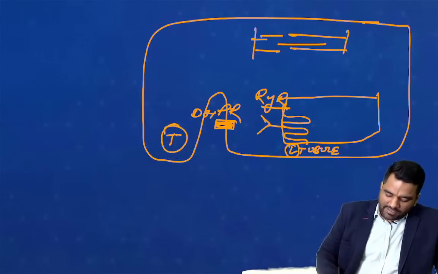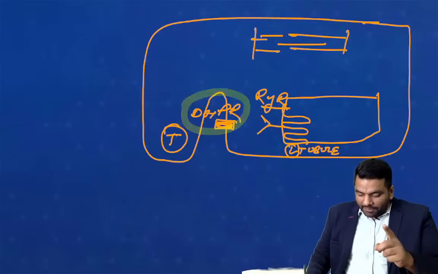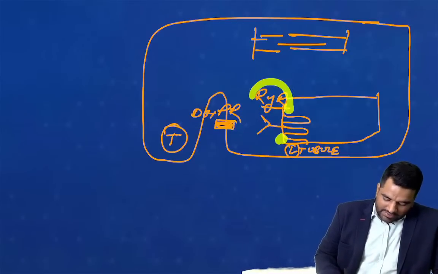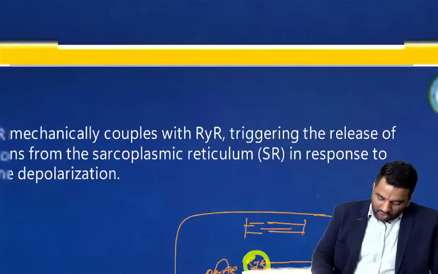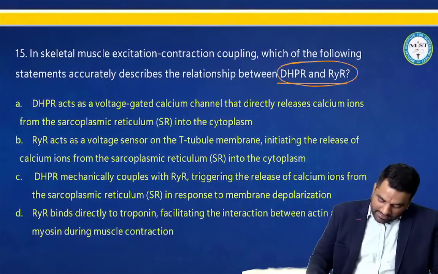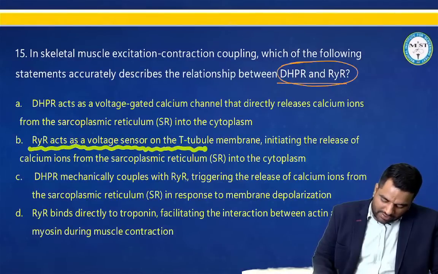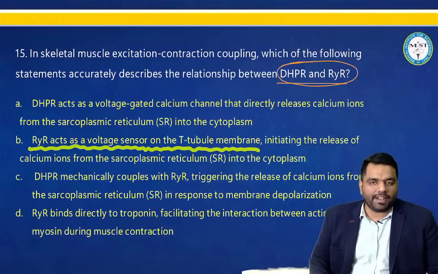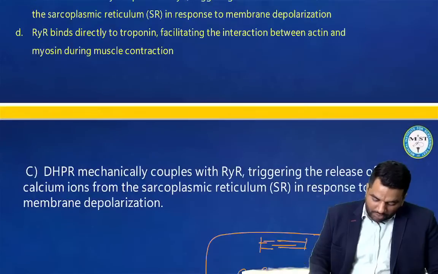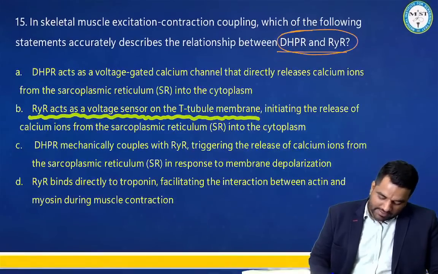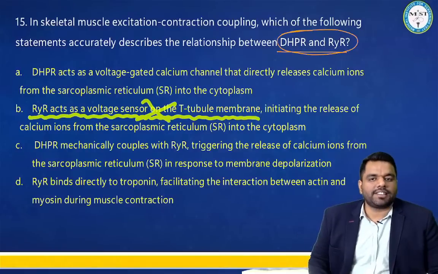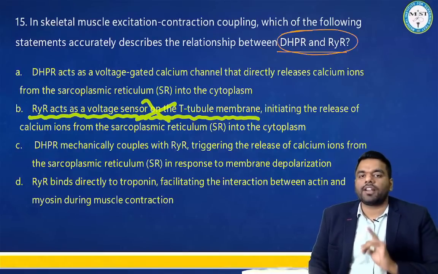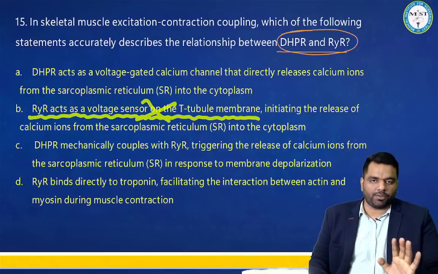On the T tubule it is DHPR. On the L tubule it is ryanodine receptor. So please look at option B. It is stating that ryanodine receptor acts as a voltage sensor on the T tubule membrane. This is a wrong statement. It is not on the T tubules, it is on the L tubules, right, beta?